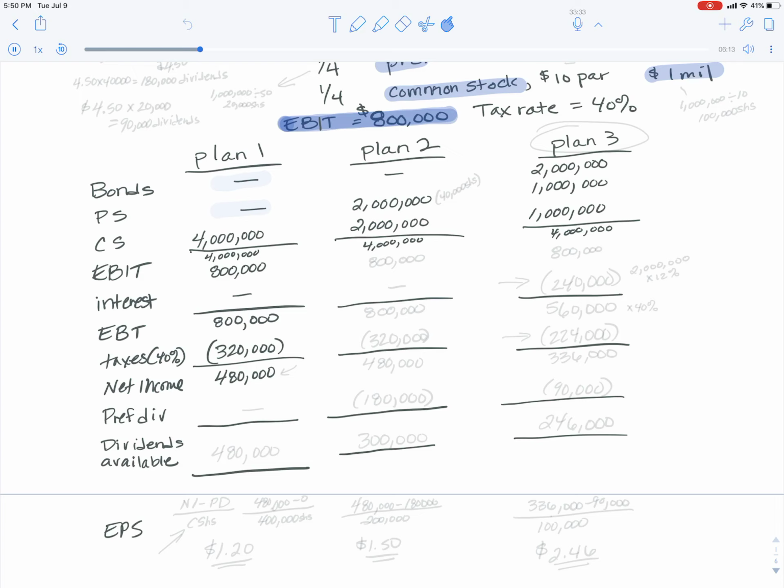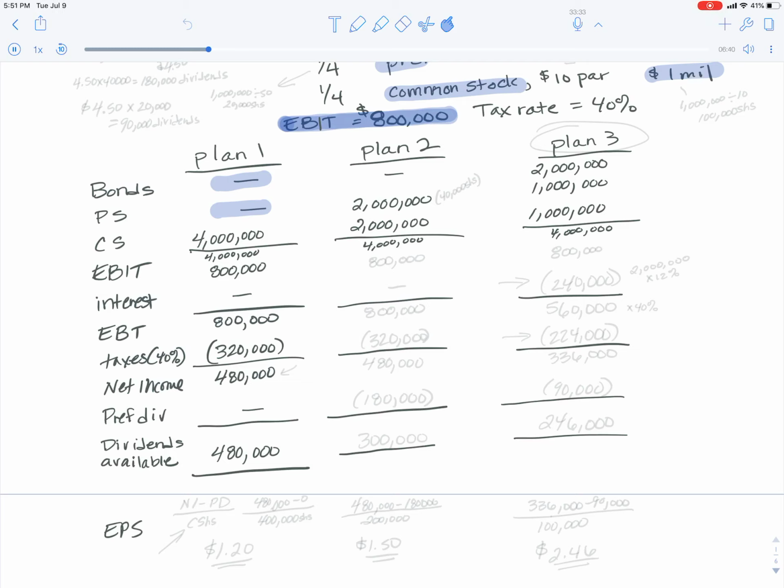So we have net income of 480,000 after we pay our taxes. Since we don't have any bonds and we don't have any preferred stock here, we don't have any preferred dividends to pay. So what we have remaining to pay our common stockholders is $480,000.